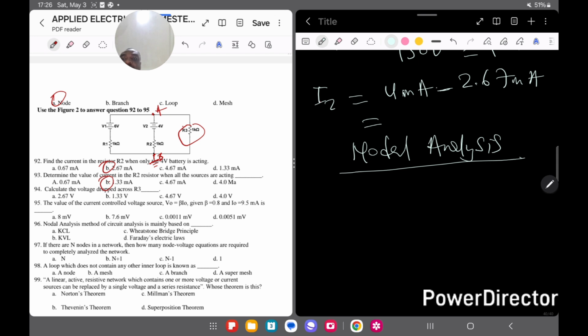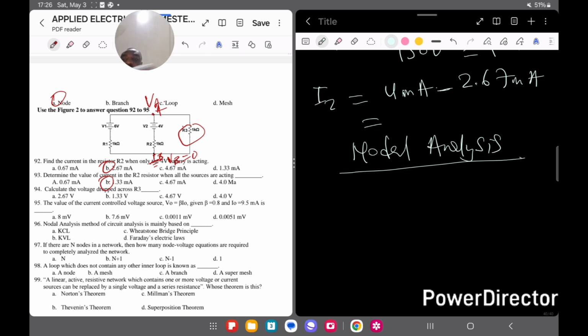Now we indicate the voltages. The voltage at A, I'm going to label VA. And the voltage at B, because it's grounded, meaning that voltage becomes 0. Once we've done this, the next step is to apply Kirchhoff's current law.